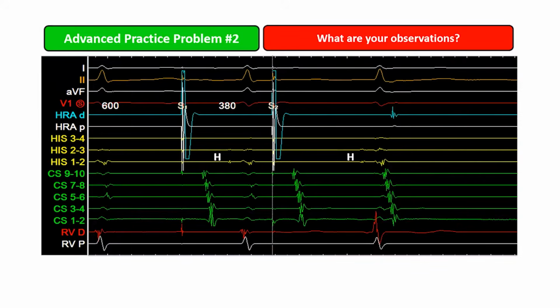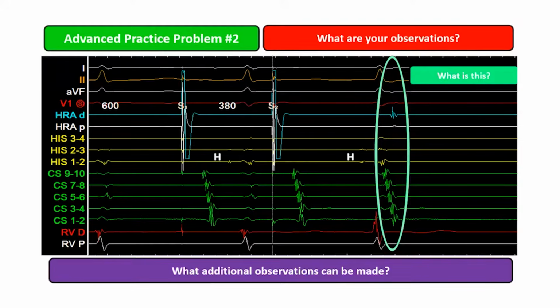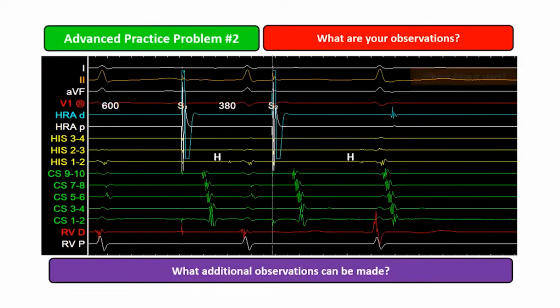What else do we notice? Well, here, after ventricular depolarization, we see another set of local and near-field atrial electrograms. Let's describe it. Where does the atrial depolarization start? Well, we see a near-field atrial electrogram here on our HIS catheter.